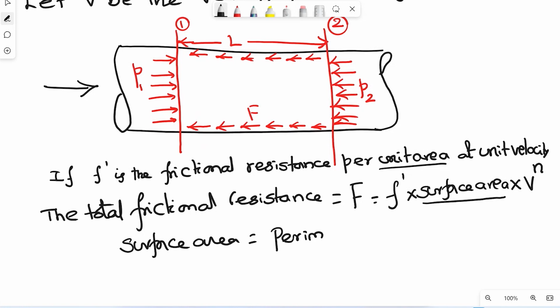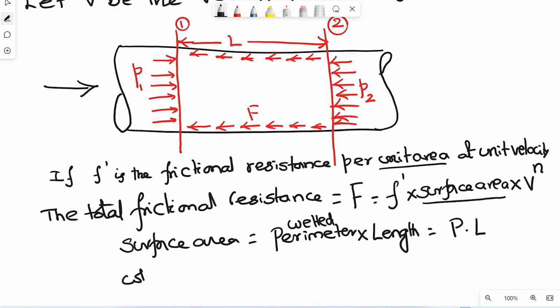You imagine, you take a pipe, so two sections. So what is the inside surface area where the water is in touch? That is the perimeter. To be precise, the wetted perimeter into length. So this we call it as P into L.